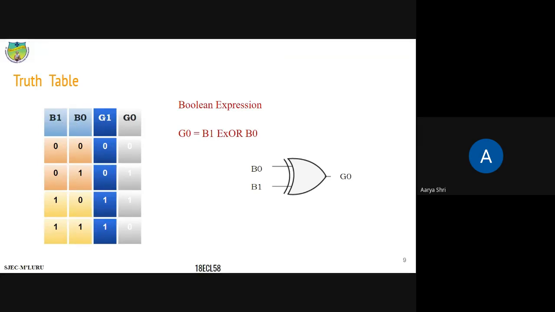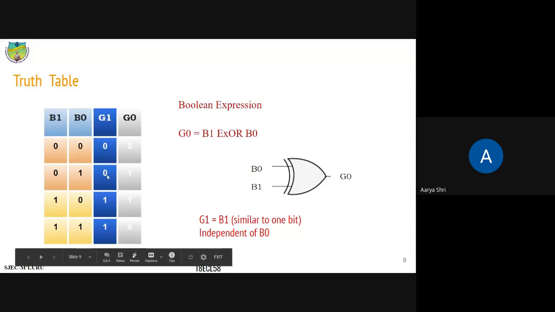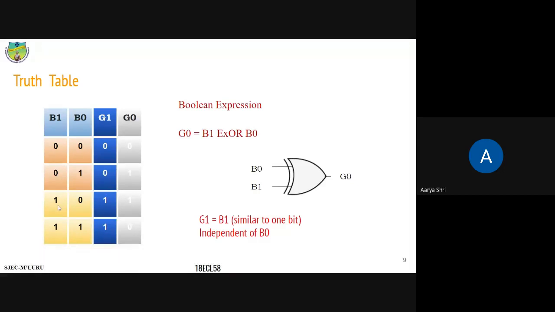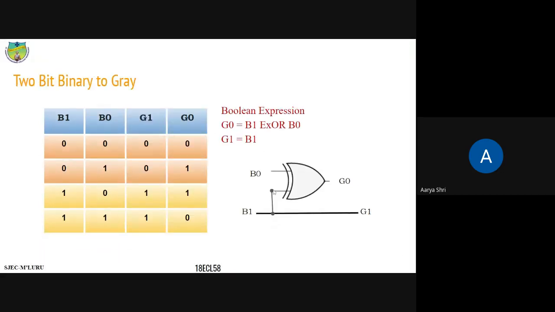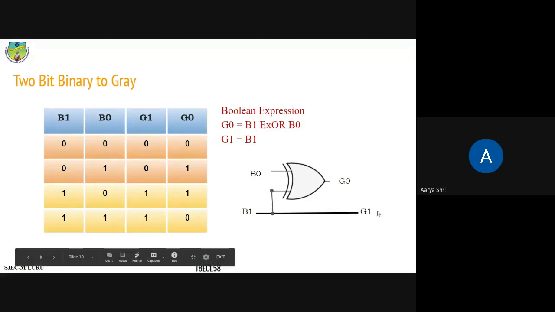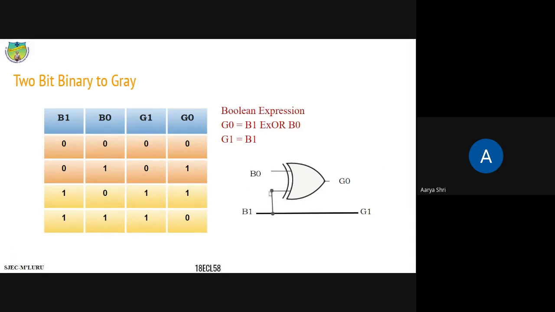So you can write G1 is equal to B1, independent of B0. The same values are represented here, 0, 0, 1, and 1. So this is the logic diagram for a 2-bit binary to gray converter. Here you can see G1 is equal to B1, and G0 is nothing but B0 XOR B1.